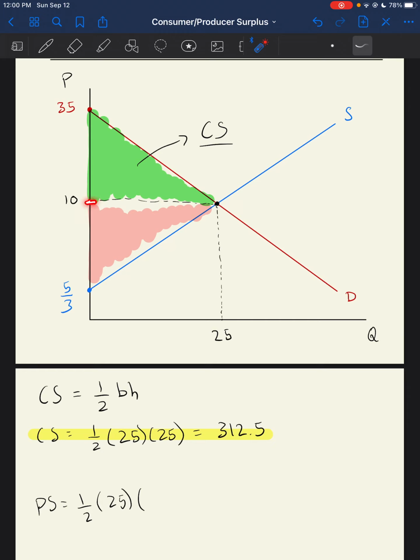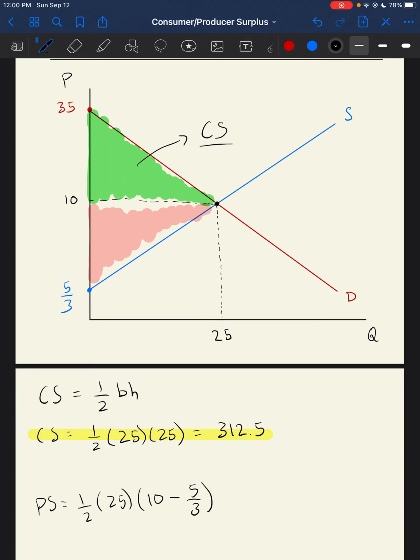So our height is not from 10 all the way down to 0; that would be incorrect. Our height is actually from 10 all the way to 5/3. This is the y-intercept of the supply equation, so the height is the difference between 10 and 5/3. So 10 minus 5/3.